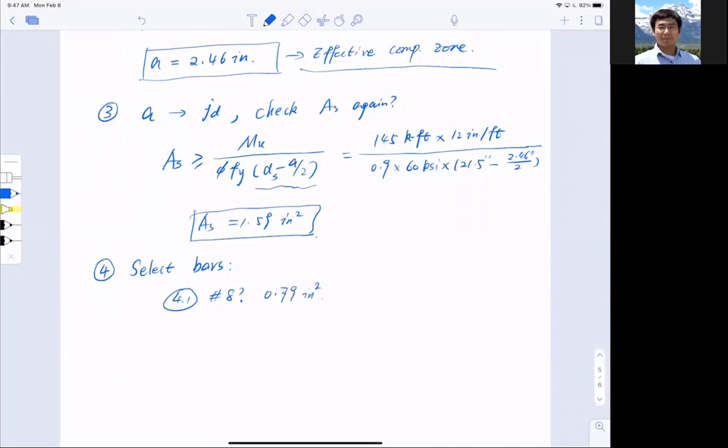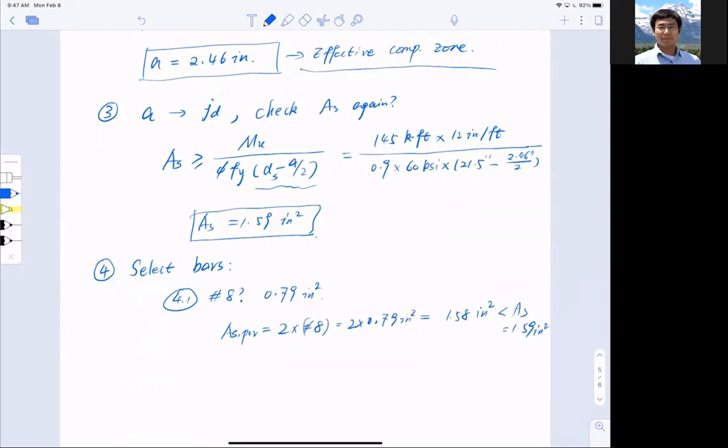So if I were to provide 2, then As provided equals 2 multiplied by 0.79 inch squared, which gives me 1.58 inch squared. And this is smaller than the required 1.59 by a hair, but it's smaller, so no good.